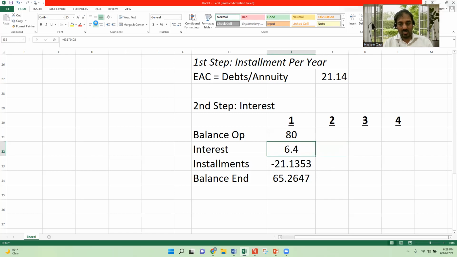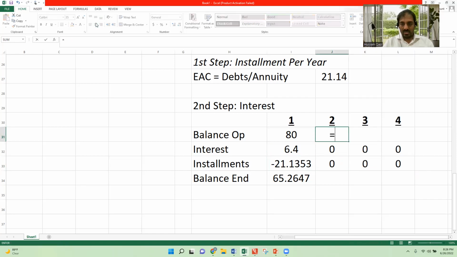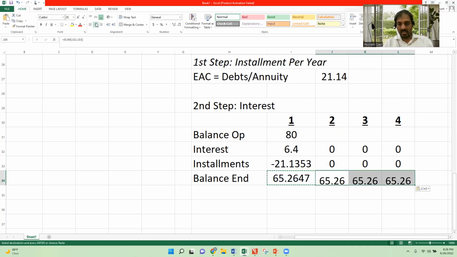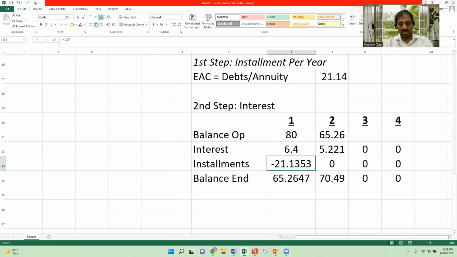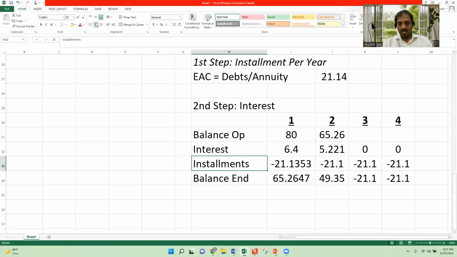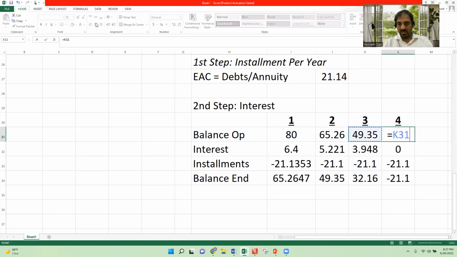This interest, Control C, just drag. Control C, Control V is equal to this amount.